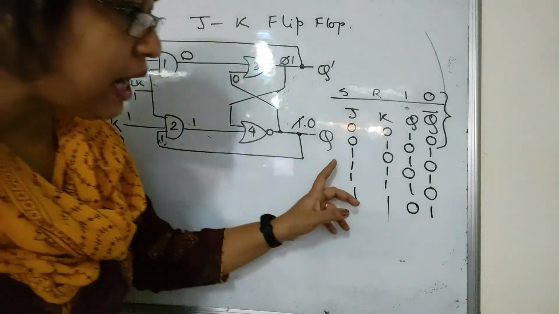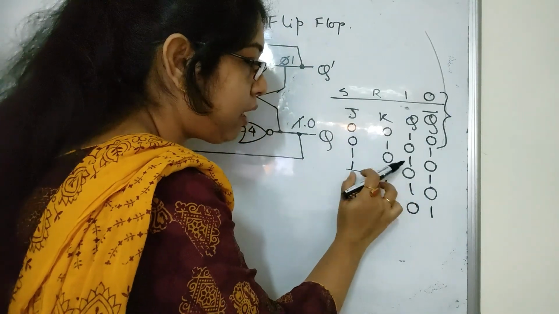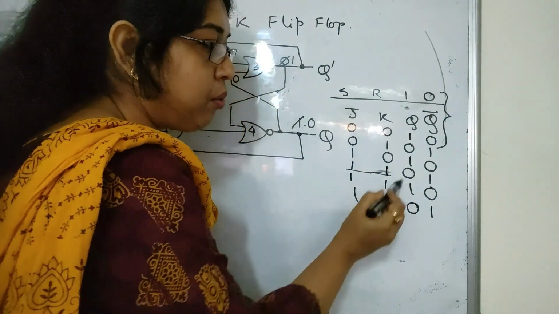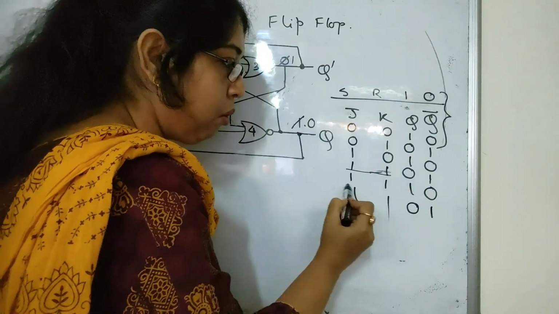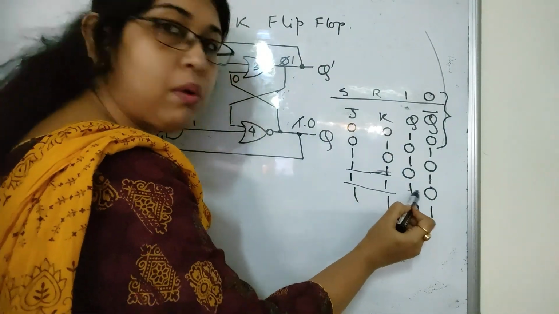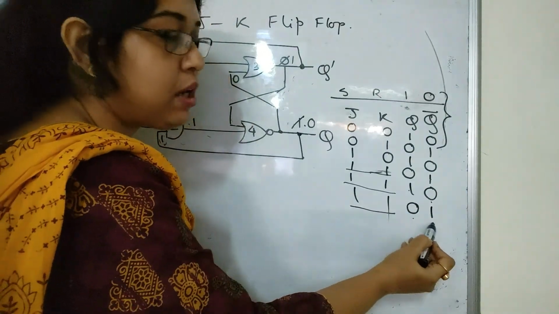So if you look at the working, over here we have given 1, 1 as input. We have got Q0, Q1, Q dash 1. 1, 1 as input, Q as 1, Q dash as 0. 1, 1 as input, Q as 0, Q dash as 1.